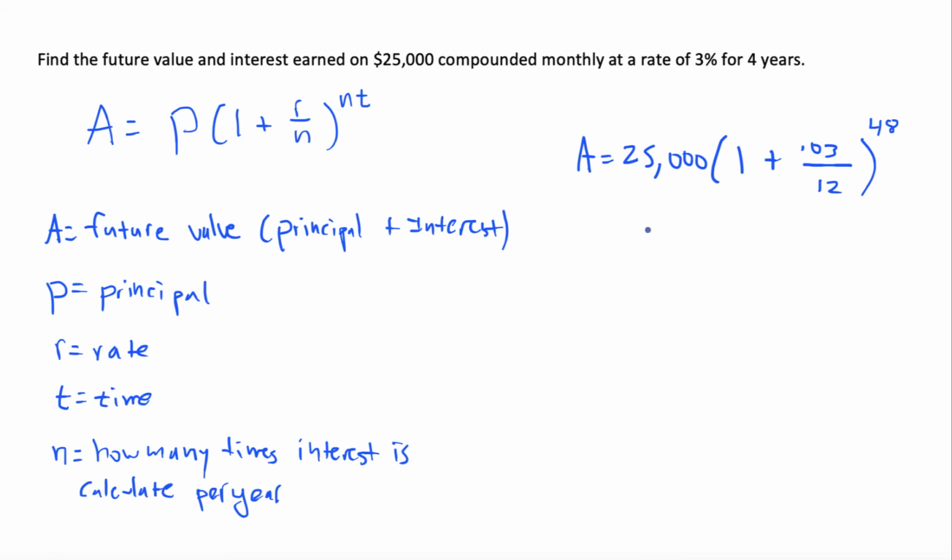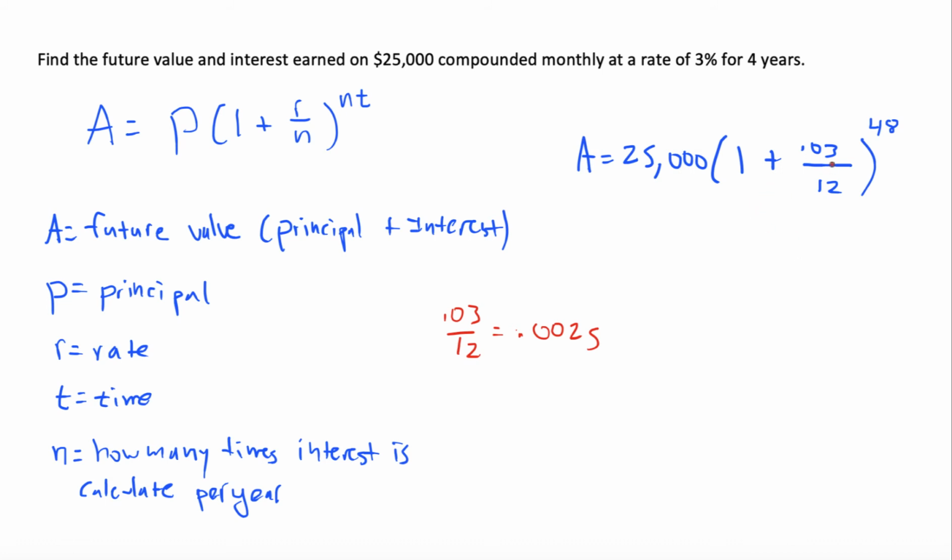Just as a side note, we do the 0.03 divided by 12 and hit enter, and we get 0.0025. So remember, don't clear out your calculator and then hit 1 plus 0.0025.